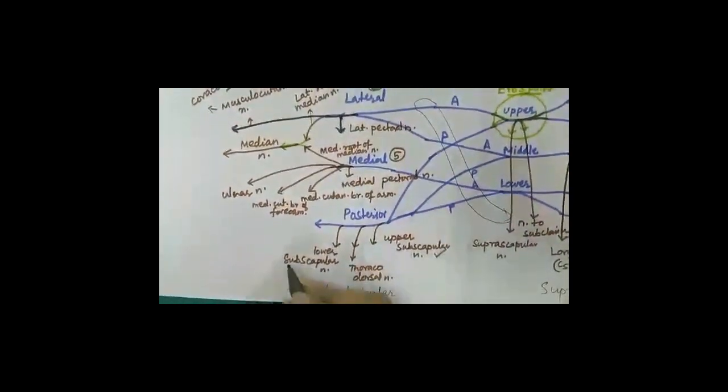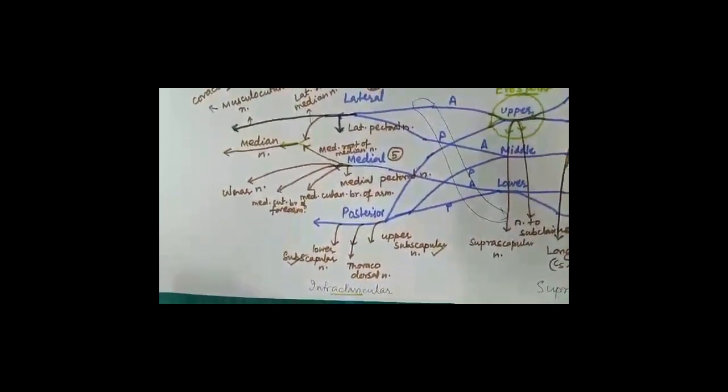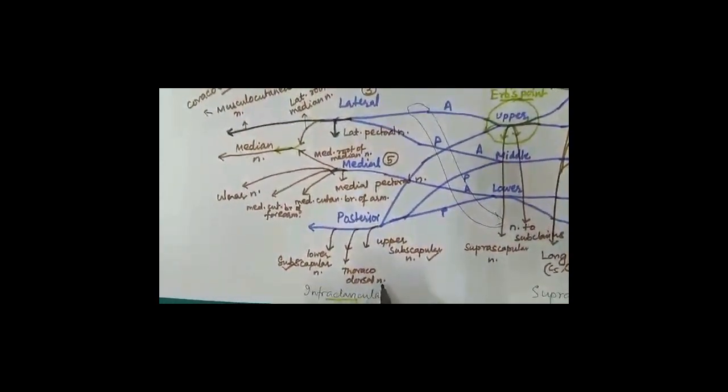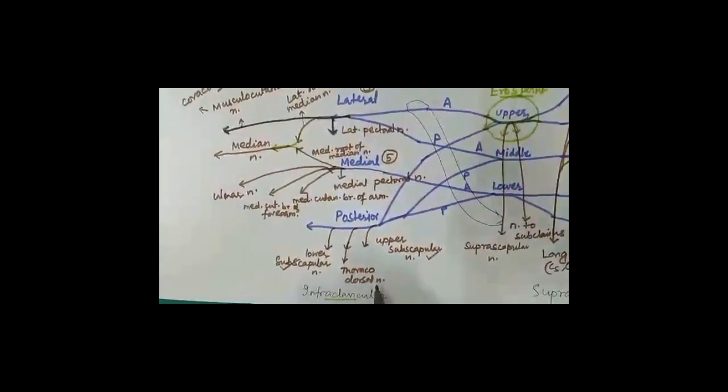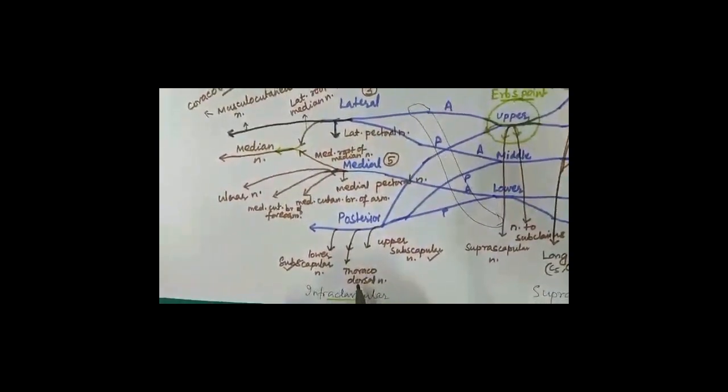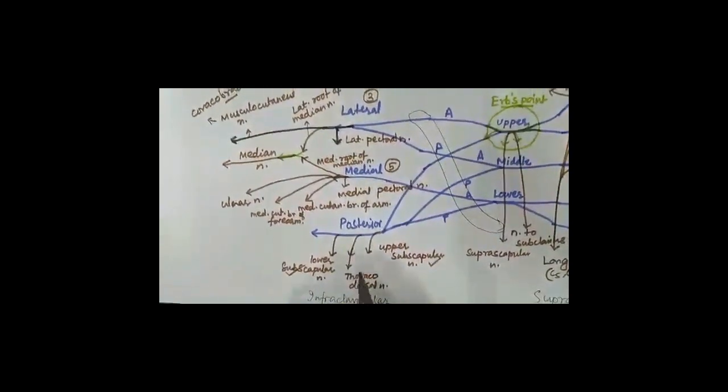Upper subscapular and lower subscapular will supply the subscapularis muscle, and thoracodorsal nerve supplies the latissimus dorsi muscle. Both are the muscles of the posterior wall of the axilla.